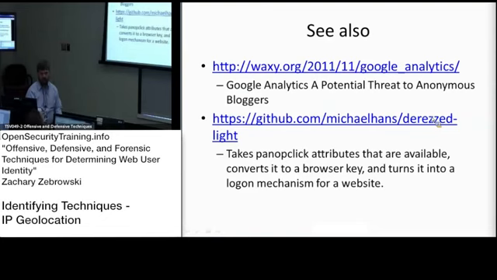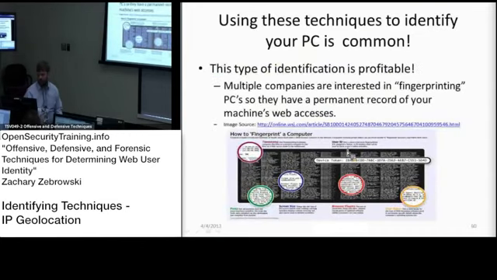It doesn't really handle how your browser changes over time, but it's a good start. And that's publicly released. It's very cool. And these techniques are common and they're not going away. Basically, they're very profitable. And if it's profitable, it's not going away.